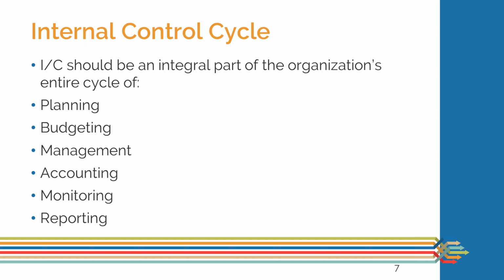We'd also come back with your monitoring as an organization. How do you make sure that whatever you're doing for your internal controls are actually being implemented, and are they effective? And then that's part of the reporting part, is that once you look at your process, you report back to your organization on whether they're effective or efficient in that process, and looking at any modifications that you may do, because of what you planned at the beginning of the year and the changes that may happen in your organization.